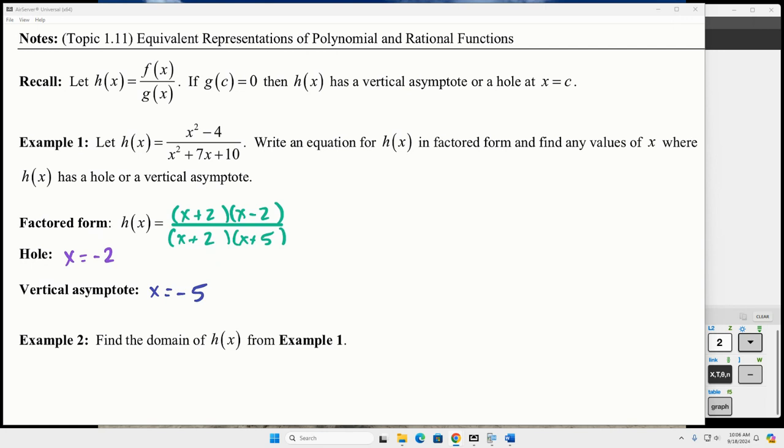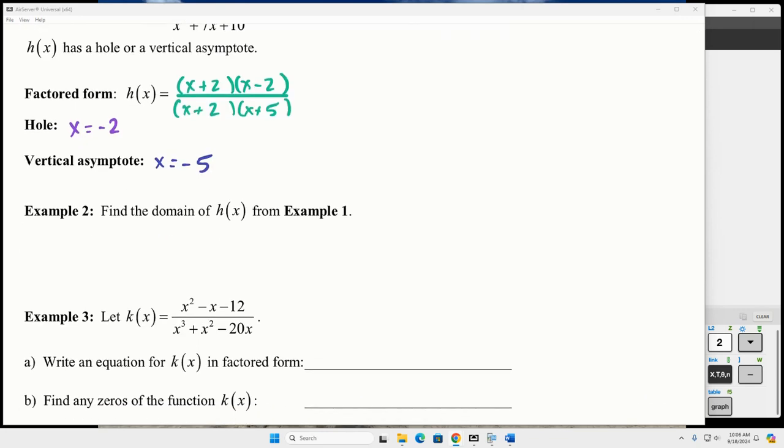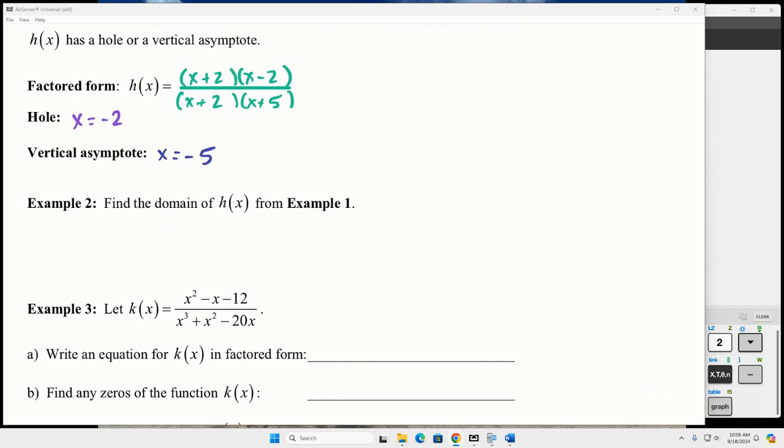And so if we give the domain, we eliminate where the function is undefined. So there's only two values that x cannot be, and then there are two values that would make you have 0 in the denominator.